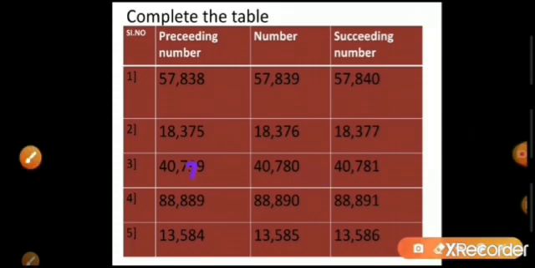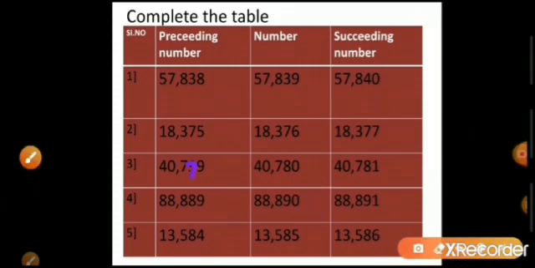Now the fourth one. The fourth number is 88,890. From that we subtract 1, then we get the preceding number 88,889. So this is the preceding of 88,890. Now the succeeding of 88,890, we add 1, then we get the succeeding number.